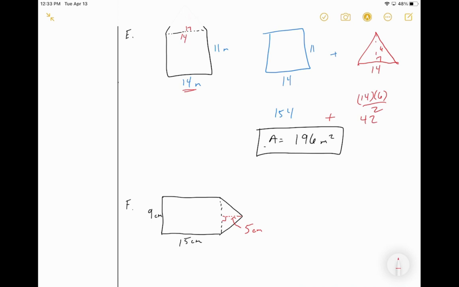I draw them separately. If you draw them separately like I do, you can kind of figure out the area of each piece. That's how I recommend doing that. And remember, the only one you got to cut in half is the triangle. You don't have to cut the rectangle in half, obviously. All right, any other guesses? Anyone else want to take a stab at it?